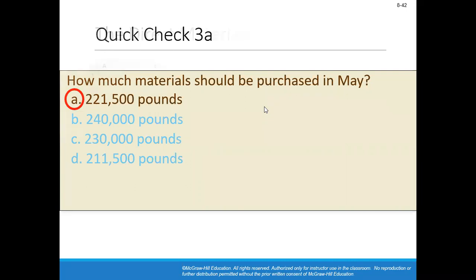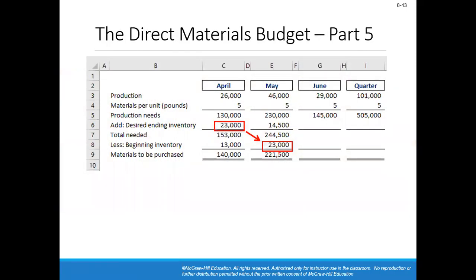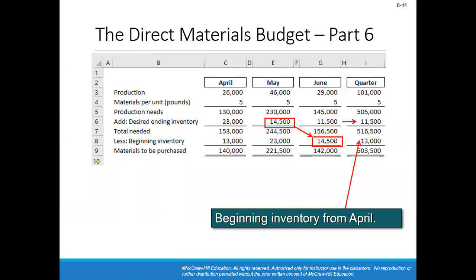So we are already done, and we can complete the numbers here. And again, try to understand that for the quarter, the quarterly figure is not always the summation figure. The quarter is from April to June.